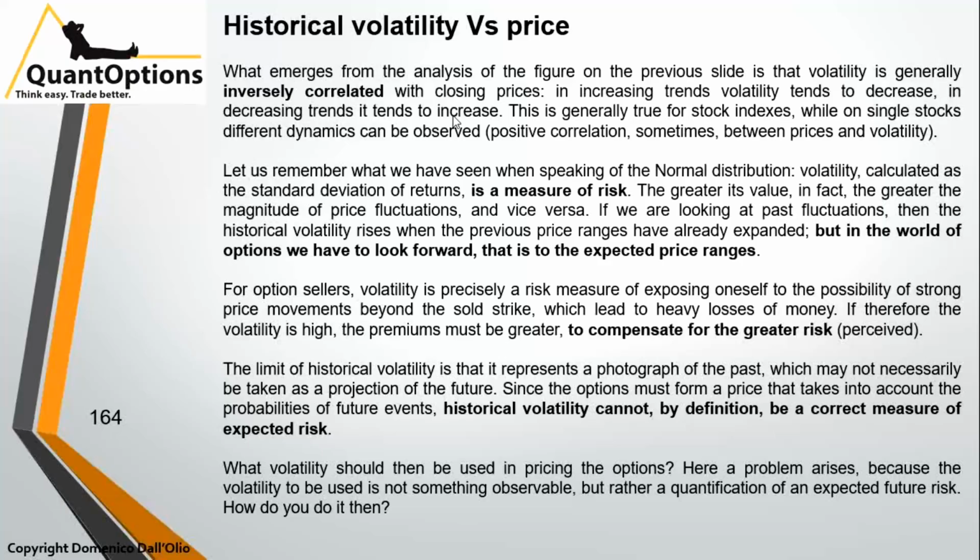What volatility should then be used in pricing the options? Here a problem arises, because the volatility to be used is not something observable, but rather a quantification of an expected future risk. How do you do it then?